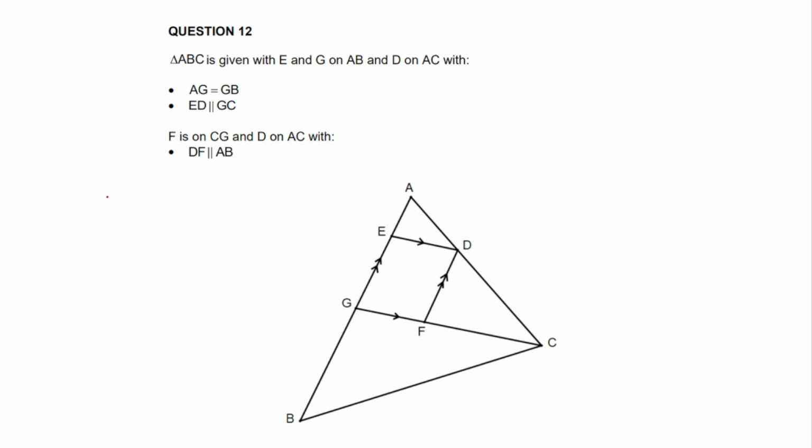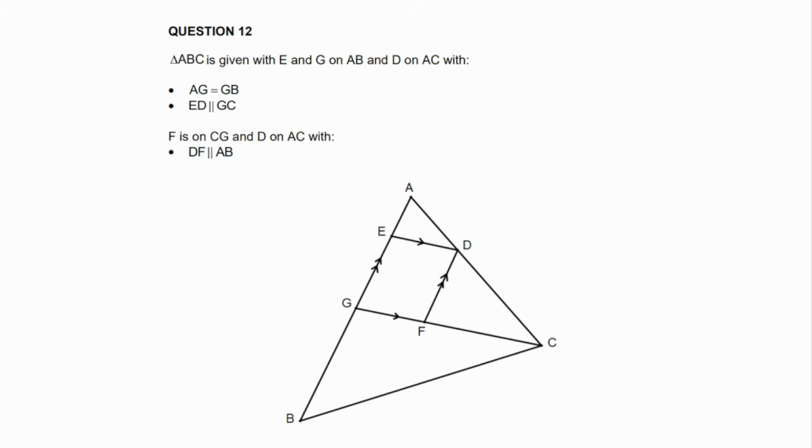Okay, so we're given triangle ABC. It's given with E and G on AB, and D on AC, with AG equal to GB, ED parallel to GC, and they say F is a point on CG, with DF parallel to AB.